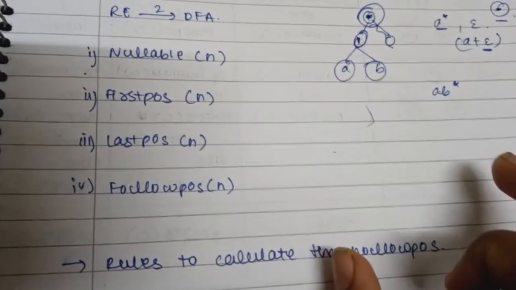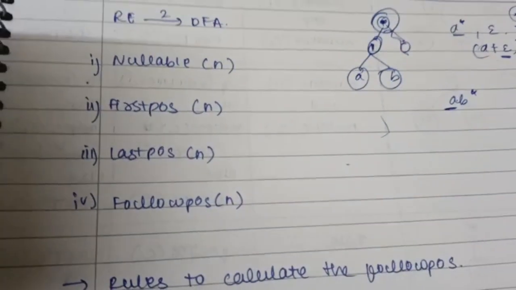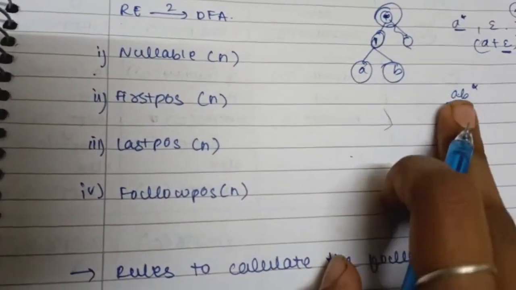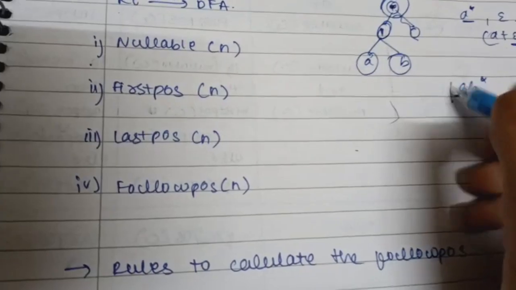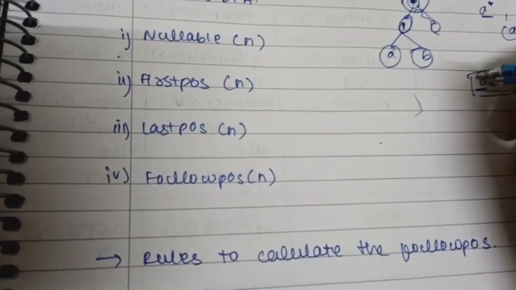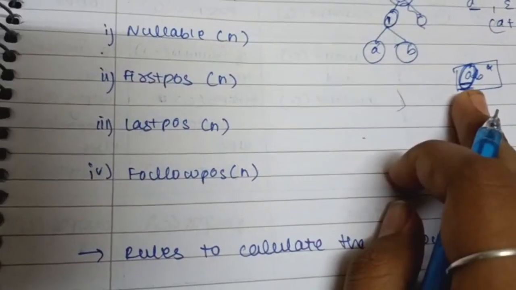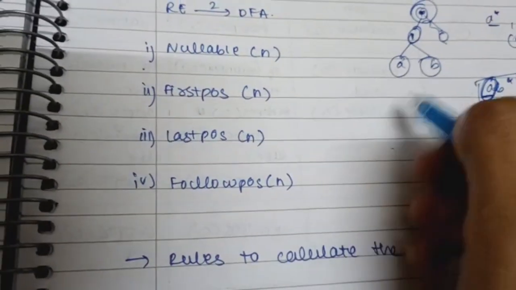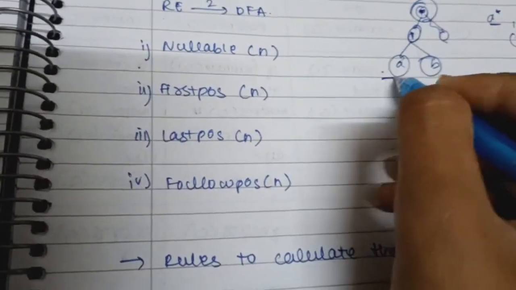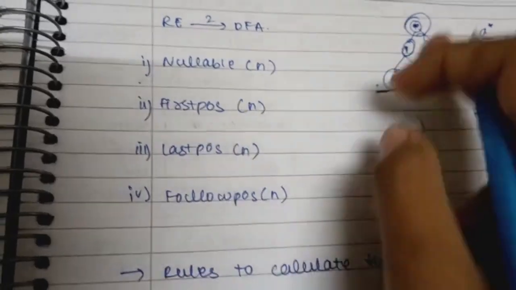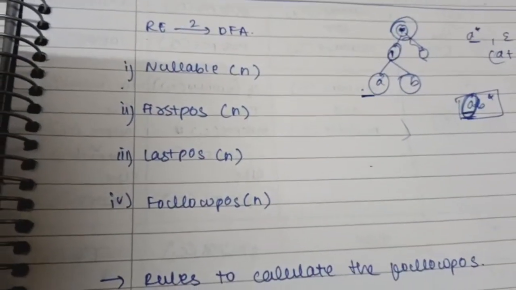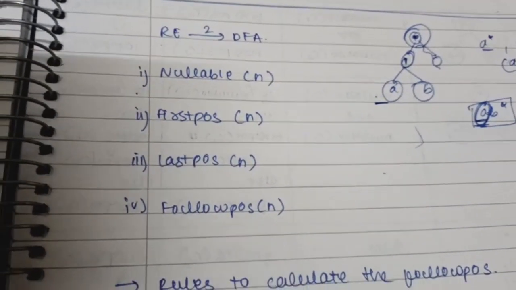The first position will be the position of A, as it is the starting point of any match. Whenever you are going to match this string, the first position will be the position of A.